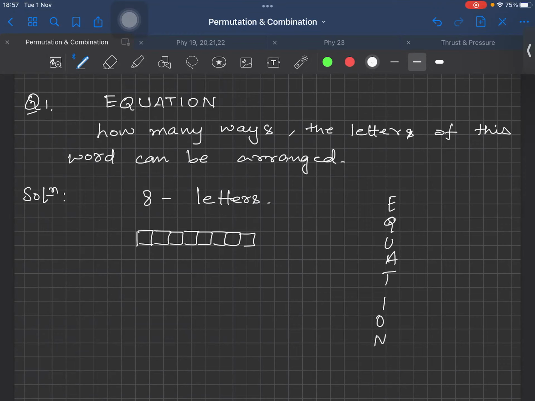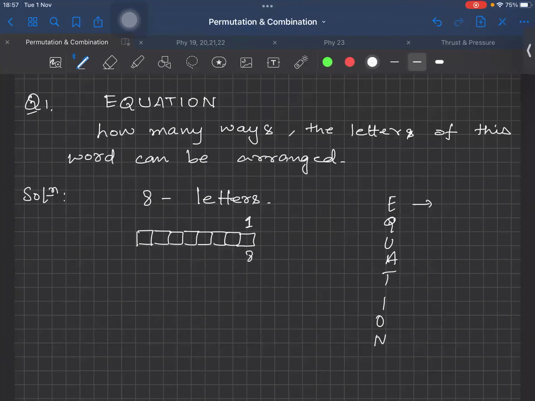Suppose any position you occupied with, let's say, I. Always do it from the back side. So in this first position, how many letters can you fill? You can fill 8 letters.